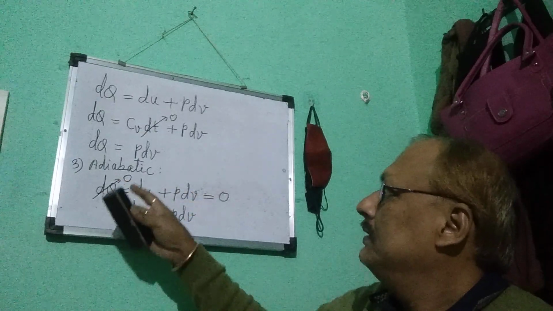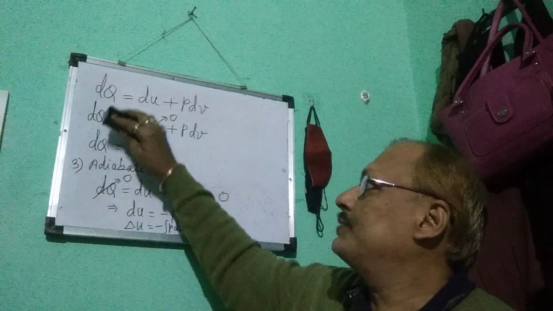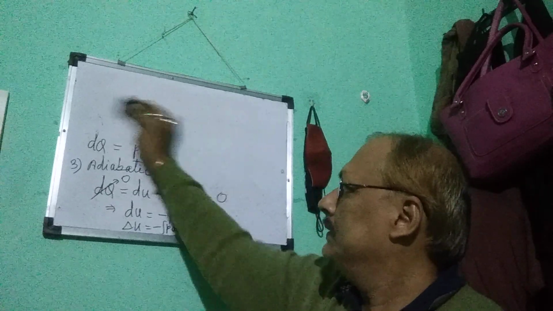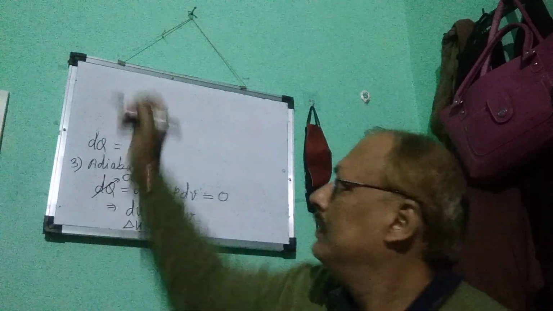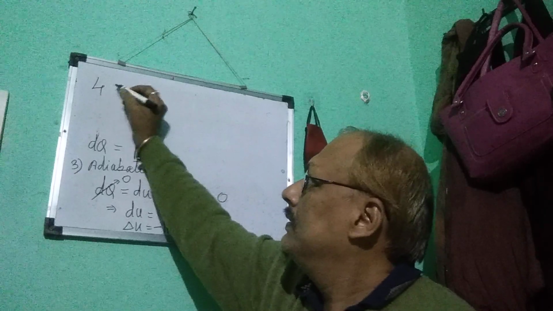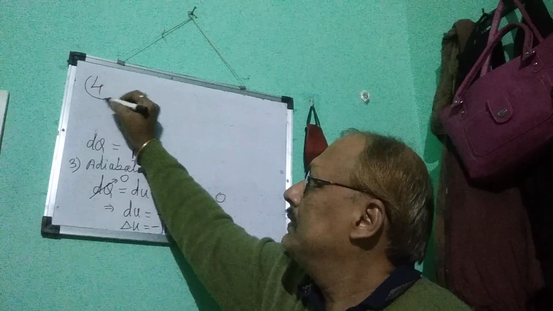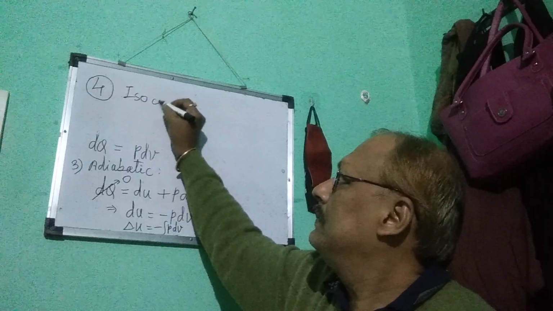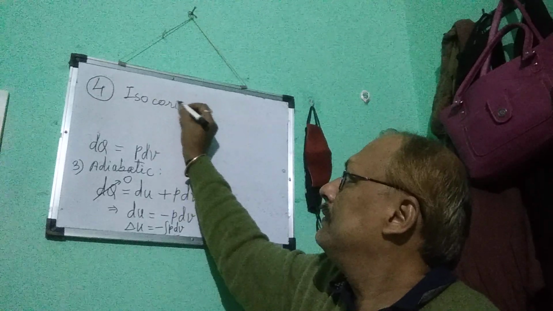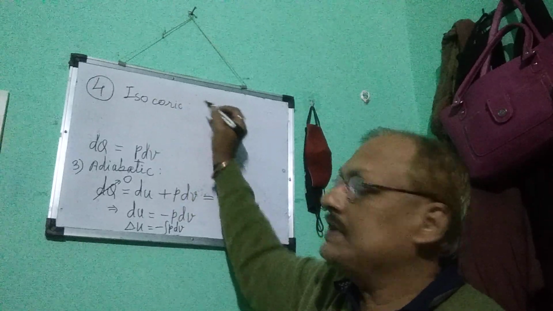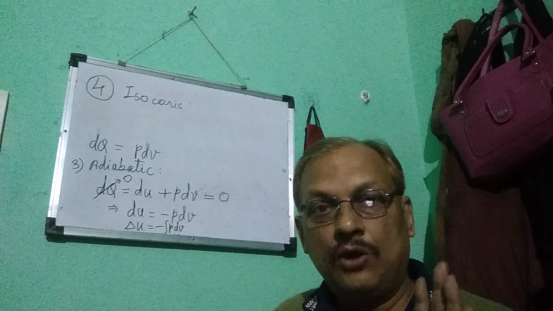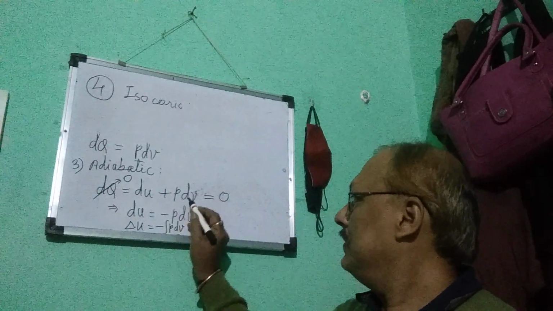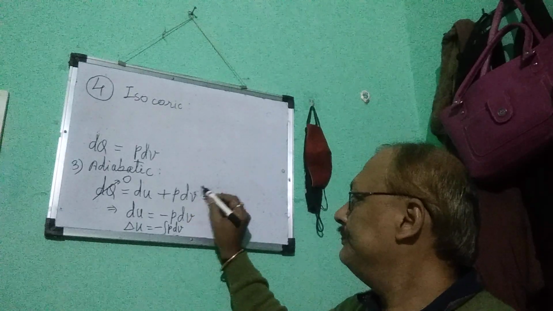Okay. Now fourth is the isochoric process. Isochoric means constant volume process. So dv will be 0.